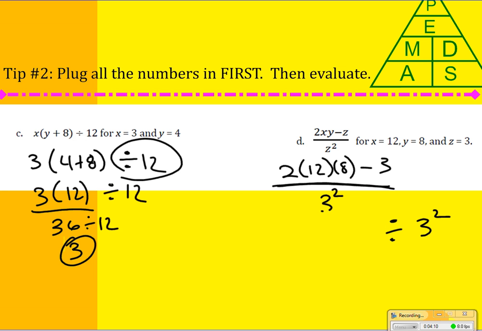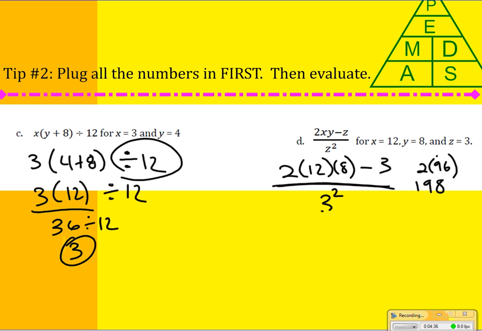So just to give myself a little room. So 2 times 12 times 8. Well, 12 times 8 is going to be 96. Times 2 is going to be 198.